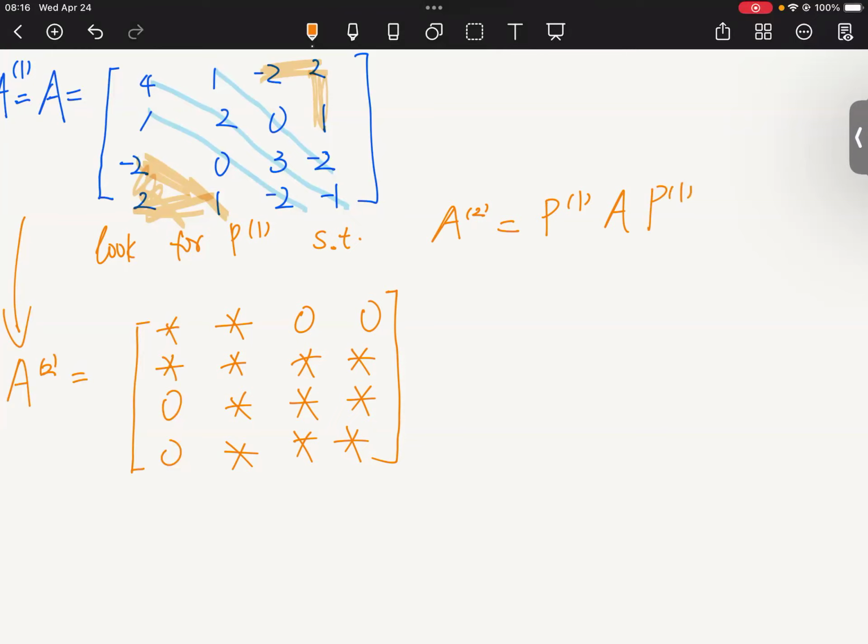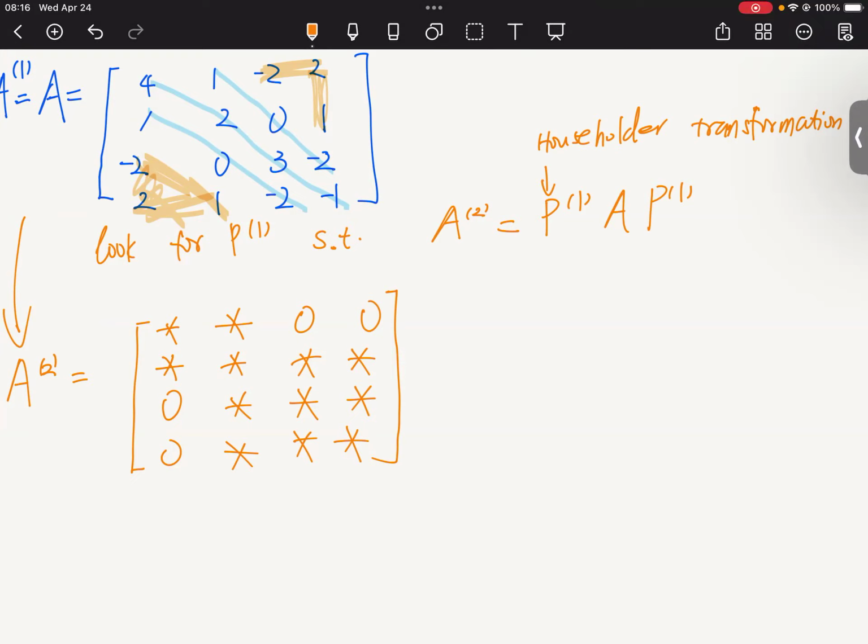And this is the thing we have in the textbook as well. And once again, this is the Householder transformation, and we need to decide this Householder transformation matrix to make it the A2 matrix.